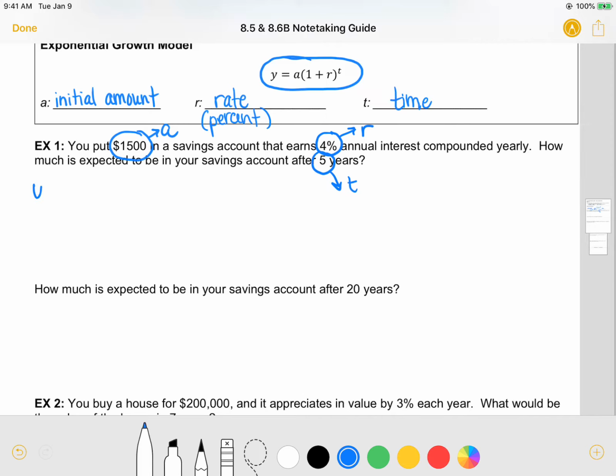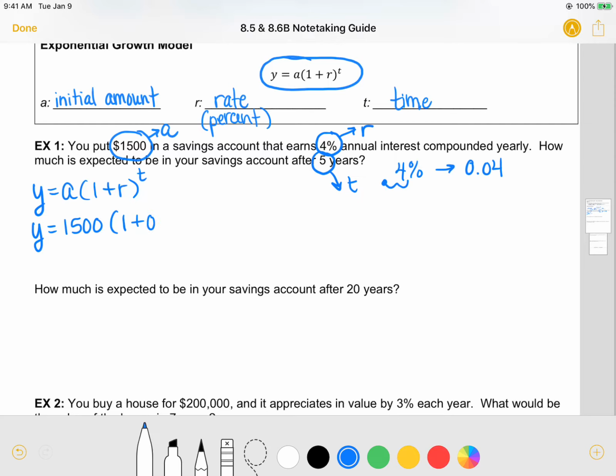So we're going to use this equation. Y is equal to A times the quantity of 1 plus R raised to the t power. And we're going to plug in A, R, and T. So Y equals 1,500 times 1 plus, now 4%, let's just talk about this for a second. 4%, I want to move my decimal place 2 to the left, so that is the same thing as 0.04.